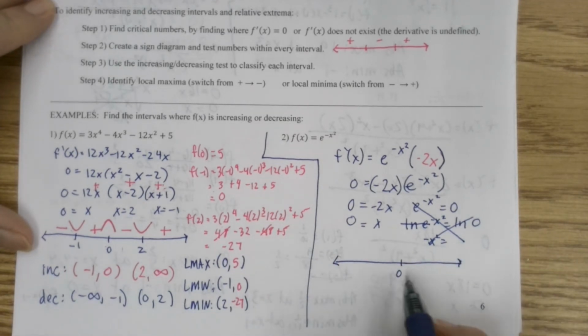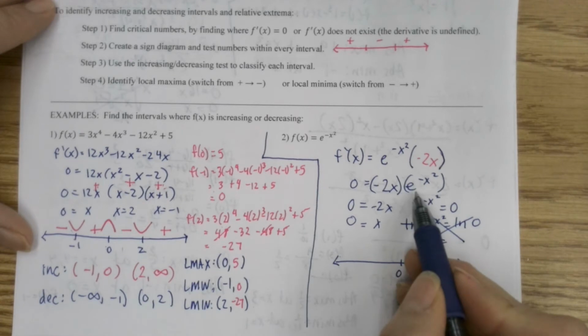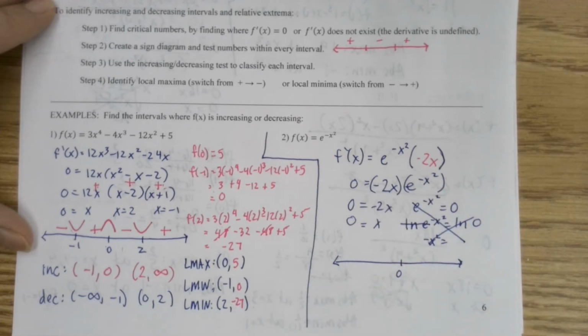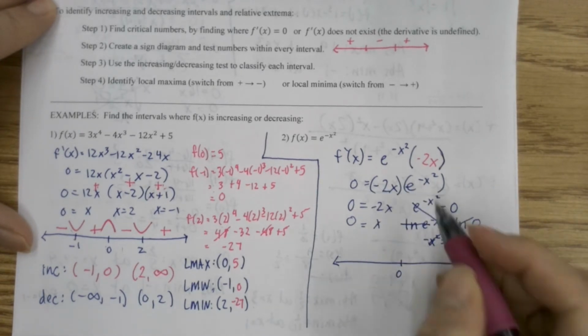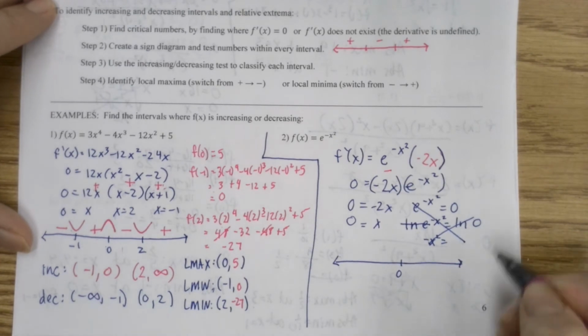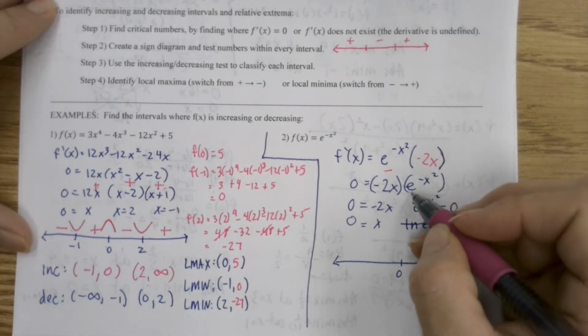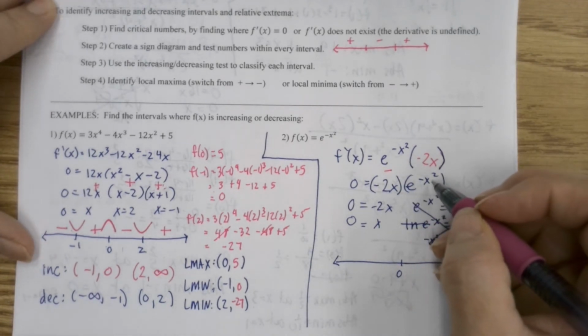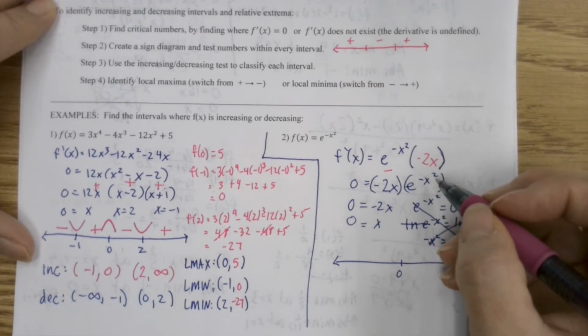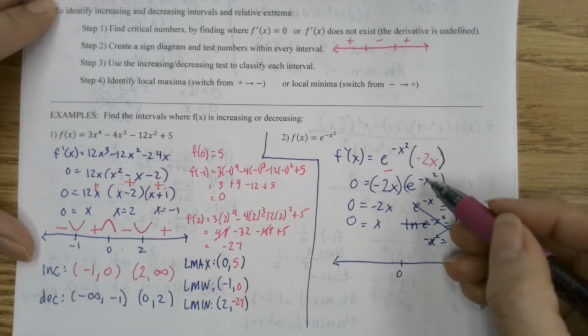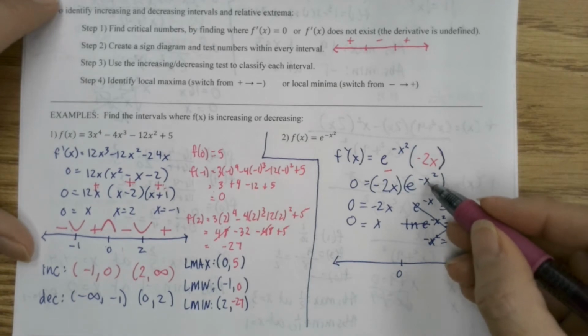And I'm testing numbers around this. So if I substitute in, for example, a positive 1, remember I'm substituting it in right here. So negative 2 times positive 1 is a negative number. And 2.7 raised to any power is always going to be positive. But if you just plugged in a 1, 1 squared is 1.